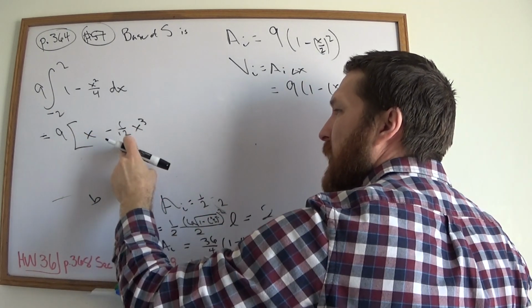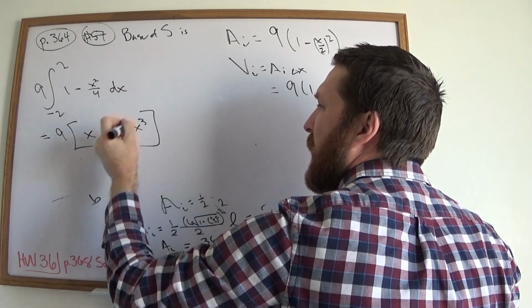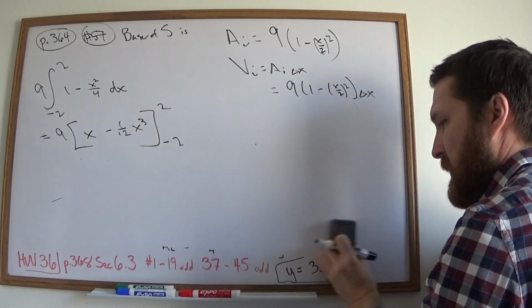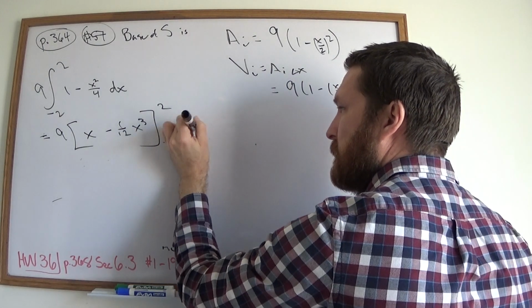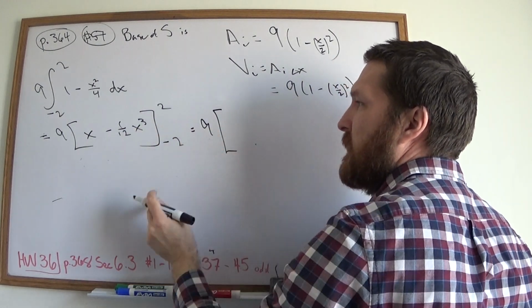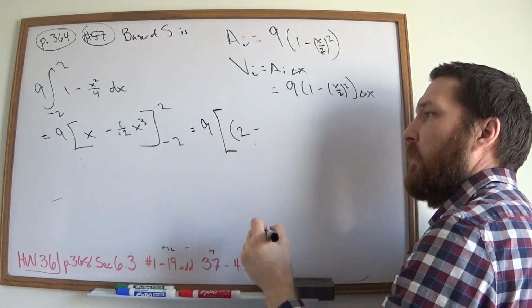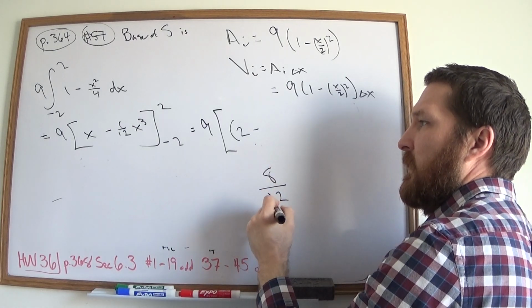Double check that: 3 drops down, kills that off, leaves a 4. Yep, okay. Evaluate at 2 and negative 2. Alright, let's try it. So we get 9 times 2 minus 8/12, which is, well, 4 over.